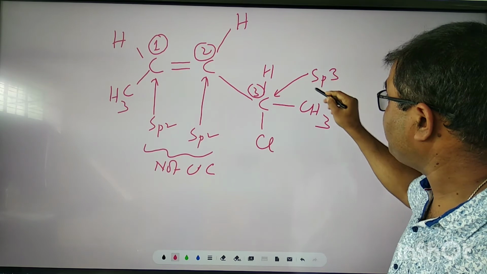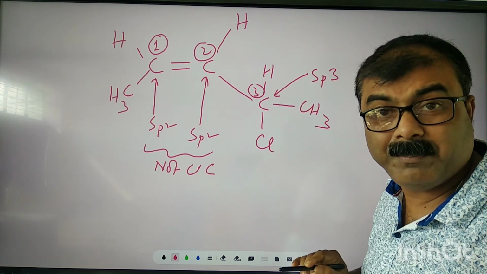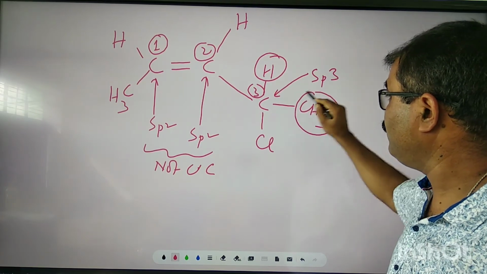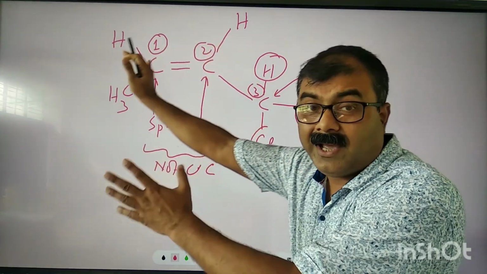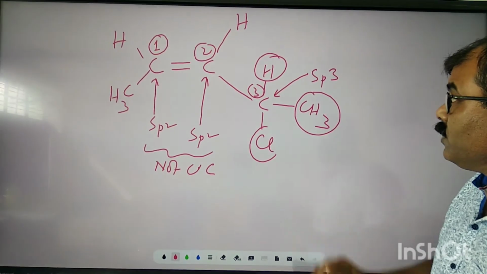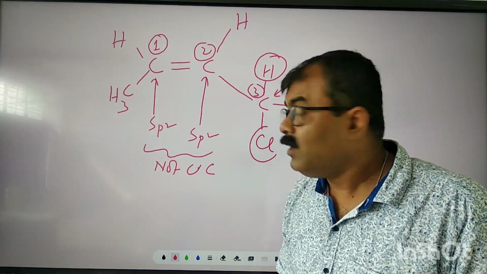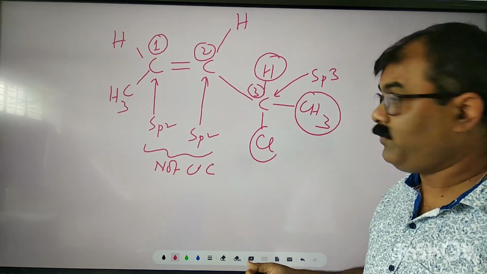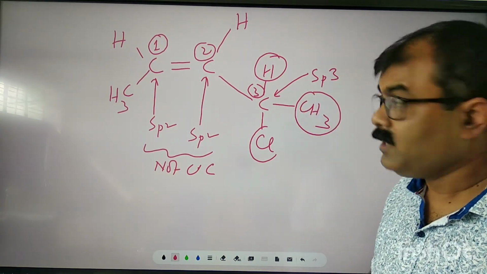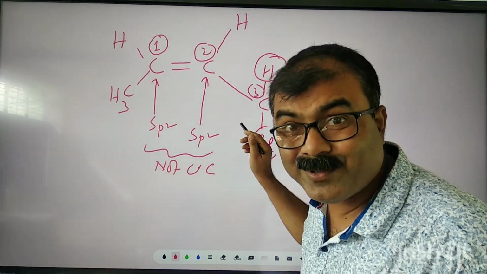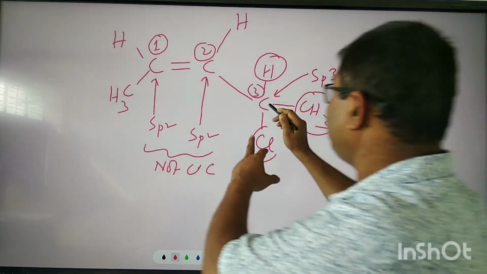Because this is an sp3 hybridized carbon with four different groups: hydrogen, methyl, chlorine, and another group here. So it has fulfilled the criteria of a chiral carbon. Therefore, this is a chiral carbon. At the same time, we can say it is a stereo center also.